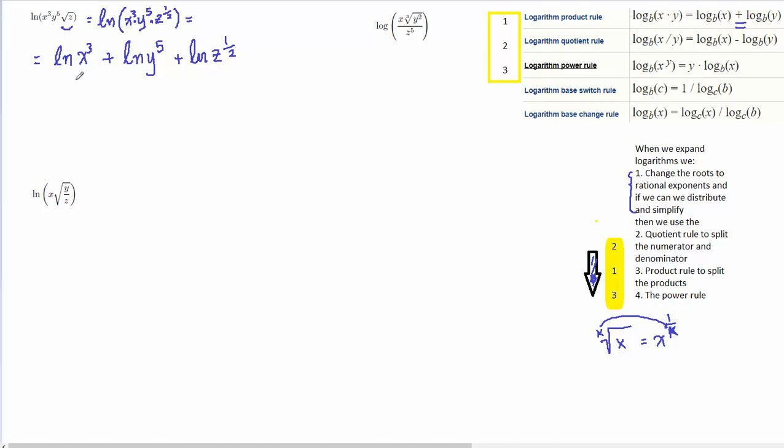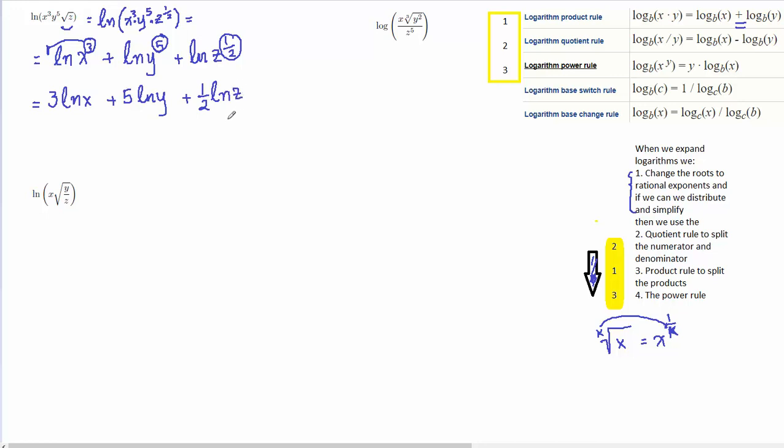I go ahead and work now with the power rule. Obviously, I have quite a few powers: the 3 on the first term, the 5 on the second term, the 1/2 on the third term. And I need to bring them down using the power rule. So what I will have now is 3 ln of x plus 5 ln of y plus 1/2 ln of z.